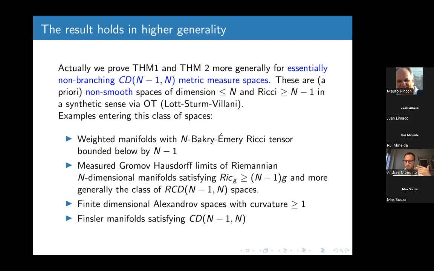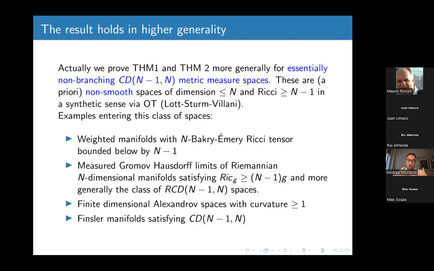Let me just give you some examples that enter into this very general framework. Not just smooth manifolds with Ricci bounded below, but also weighted manifolds, meaning Riemannian manifolds endowed with a weight. So you are multiplying the volume by a smooth weight, and having n-dimensional Bakry-Émery Ricci tensor bounded below by n-1 are in this framework.